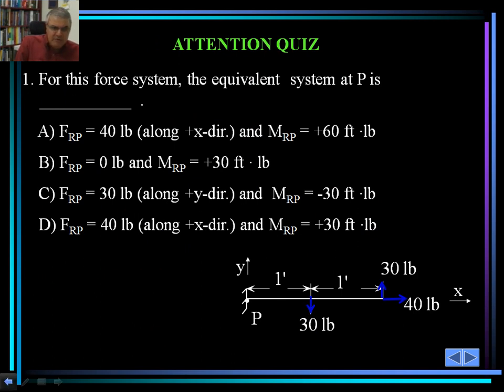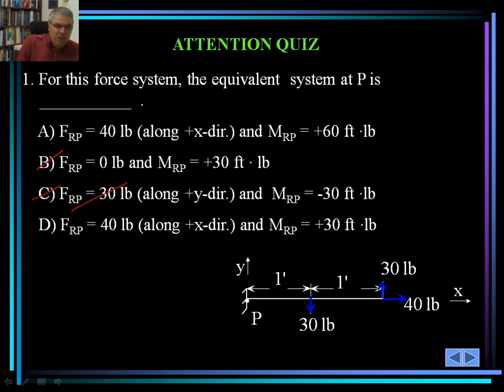So let's take care of the attention quiz for this fourth system. The equivalent system at P is: F sub RP is 40 along the positive x direction, and M sub RP is 60. Let's examine this. The force must be along the x direction; it cannot be along the y direction. So answer C is out right away.